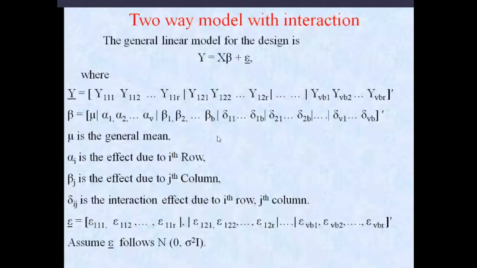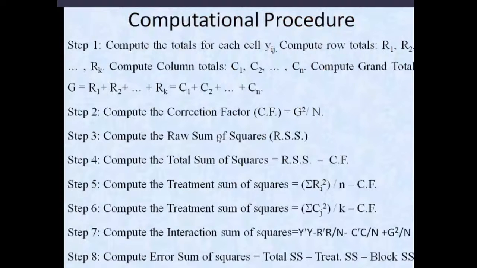This is the general computational procedure whenever you are going for the interaction effect. So compute the row totals and column totals, and compute the grand total, then compute the correction factor, then compute the raw sum of squares, that is the sum of squares of each observation, and then compute the total sum of squares.